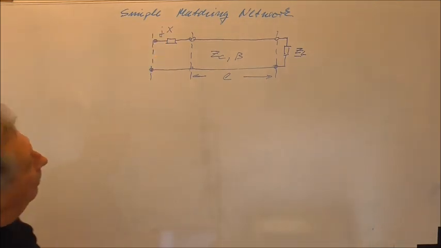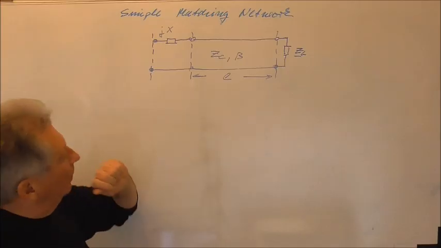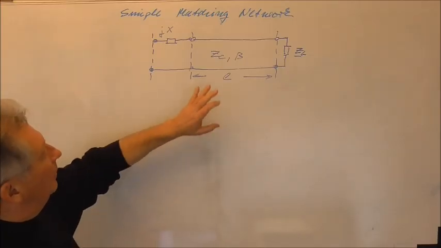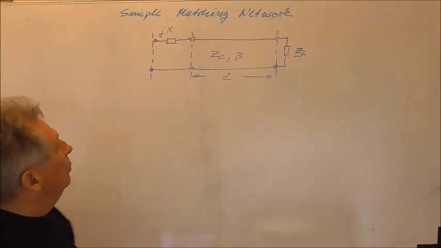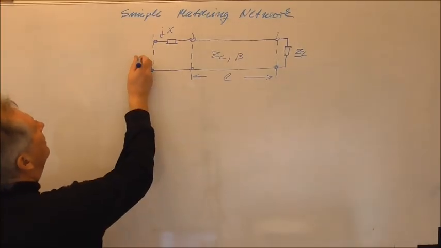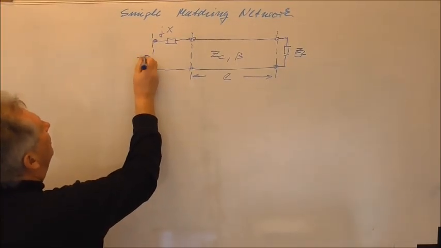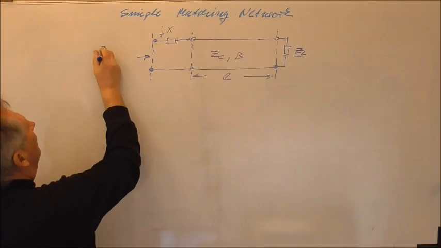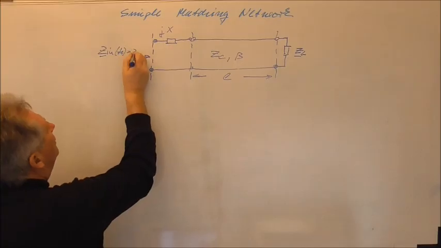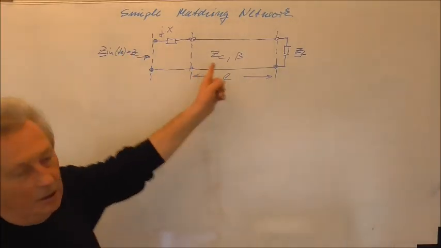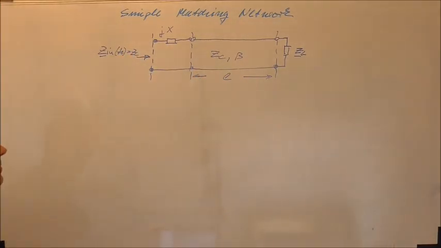What we have to do now is think of how we can use these elements to find a matching. This means that at a certain frequency F naught, Z in must be equal to ZC, or equal to 50 ohm in most cases.